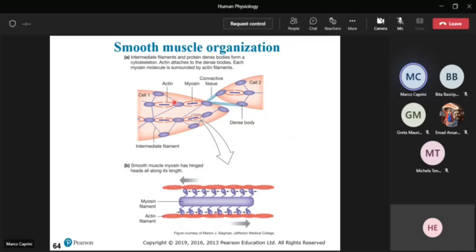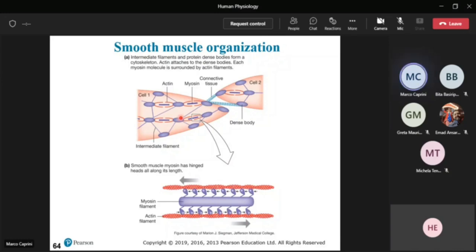Okay, the dense body is more or less the same from a structural point of view. From one dense body to the other, the actin moves in the center of the muscle.